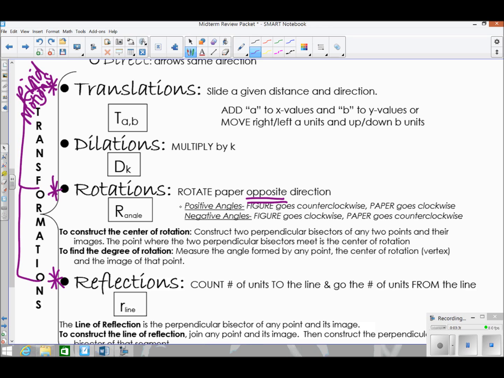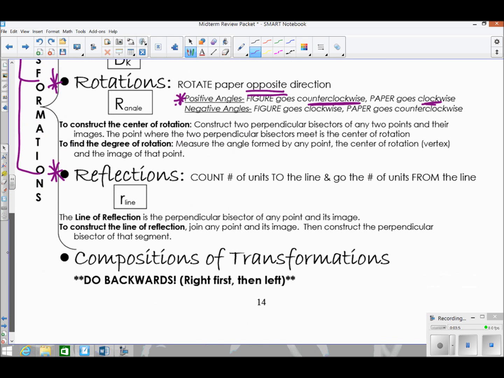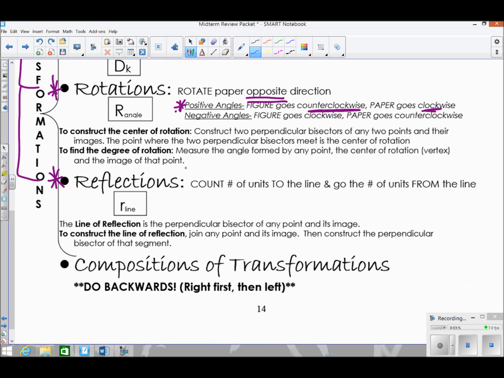And most often you're going to see positive angles for rotation. And remember, positive angle means the figure is going counterclockwise, so the paper goes clockwise. So they're always opposite. And then we also talked about in plane space rotations, how to come up with the center of rotation and how to find the degree of rotation or the angle of rotation.